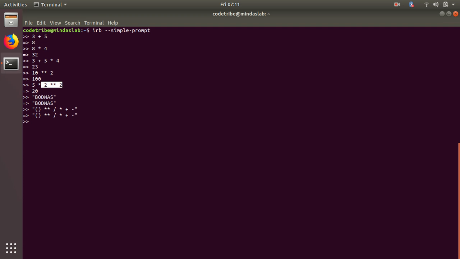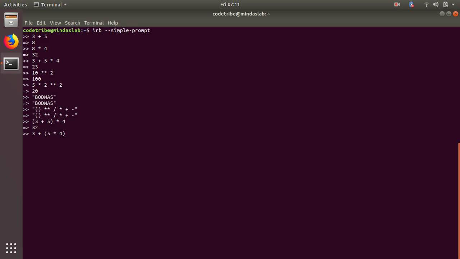Now let's consider 3 plus 5 star 4. If you want 3 and 5 to be added first, put them in brackets. So (3 plus 5) star 4. And it's really good in real programming to use brackets, even if you want 5 star 4 to be evaluated first. For small programs, or something you're using personally, it's not needed much; if you can keep track of it, that's okay.